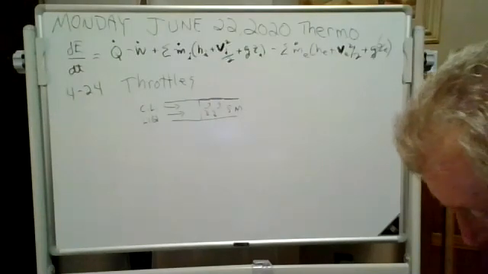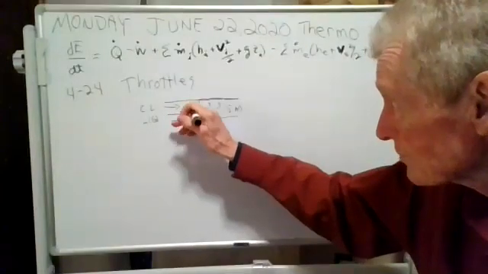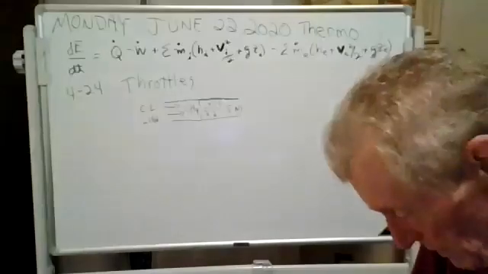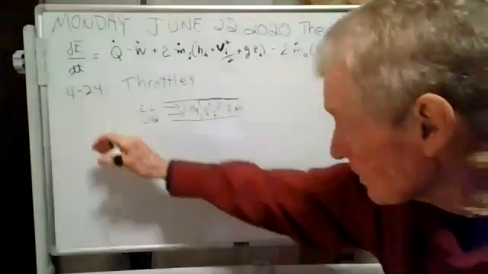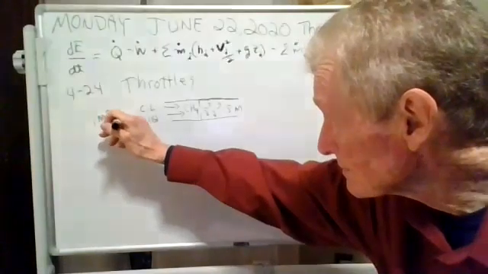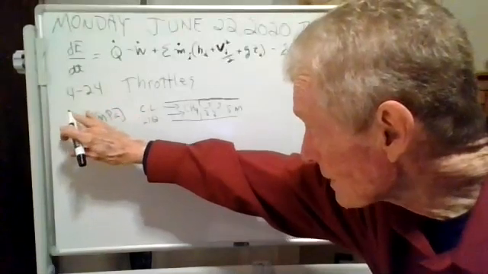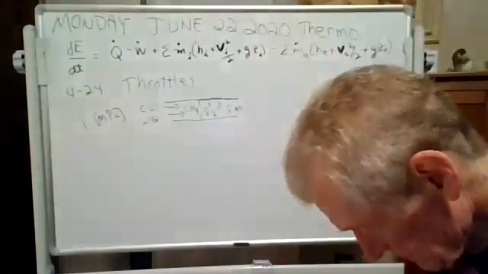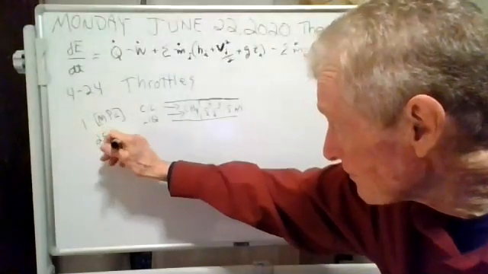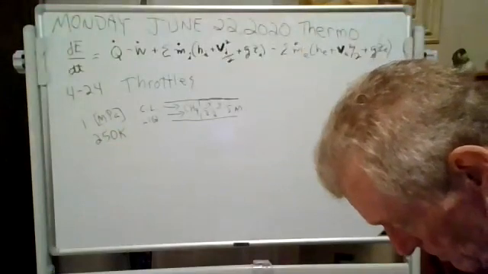I found it. Methane. Now you got methane, that's CH4, coming in and going out. It's coming in at 1 megapascal, 250 K. K stands for Kelvin, of course.